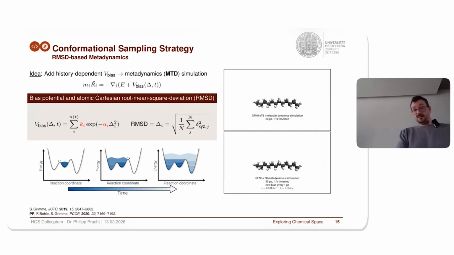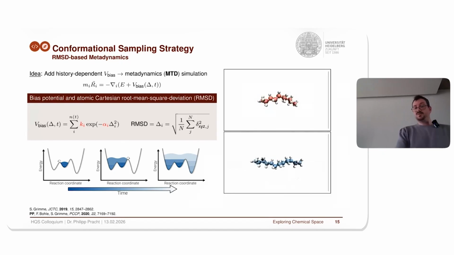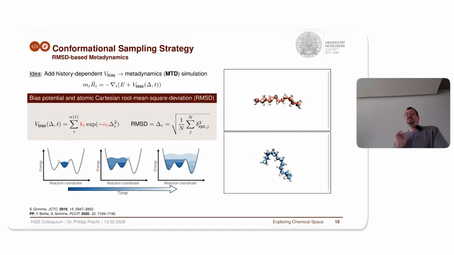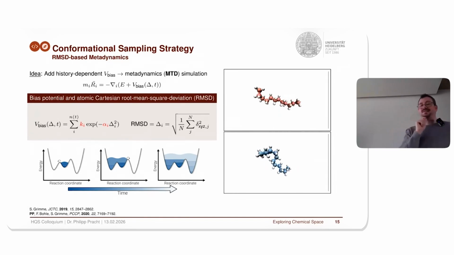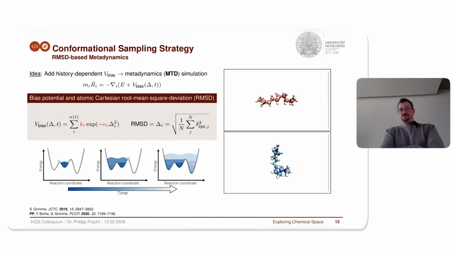To give you a visual example, on the right side, you see two simulations that are deterministic, so identical settings, except that for the lower one, the blue one, here online it's a bit slow, apparently, we have this penalty function, and without the stuttering, you would see that the blue simulation explores more conformations, more floppiness of the system in the same simulation time.